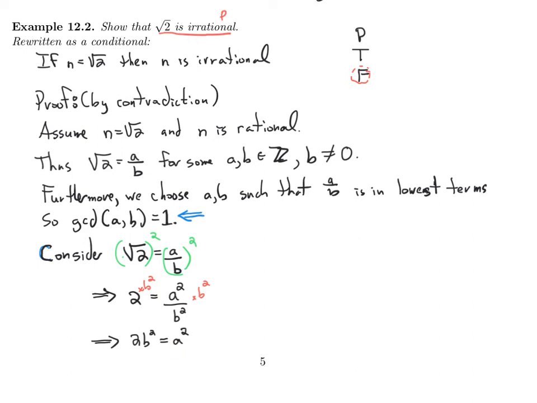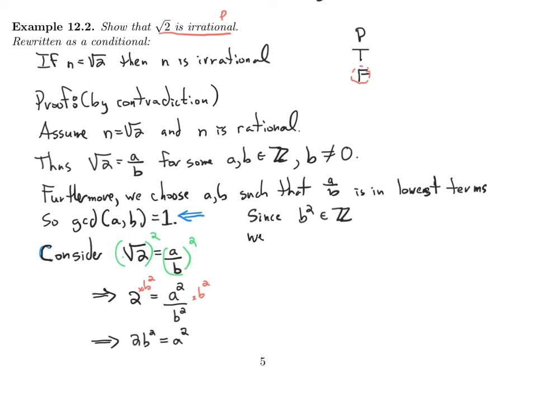We wrote a squared as 2 times some other integer. So we know that since b squared is indeed an integer, it's just b times b. We know b is an integer, so b squared is an integer. We've written a squared as 2 times an integer, so a squared is even.